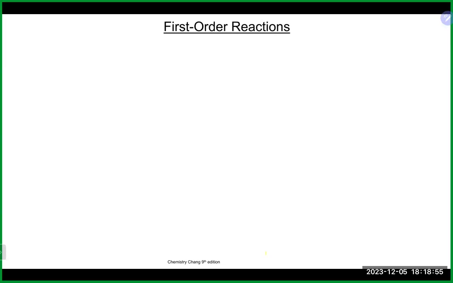To get really high overall orders, you would need a lot of reactants reacting all at once, and that typically doesn't happen. So first order, second order, 0 order is sort of where these overall orders end.